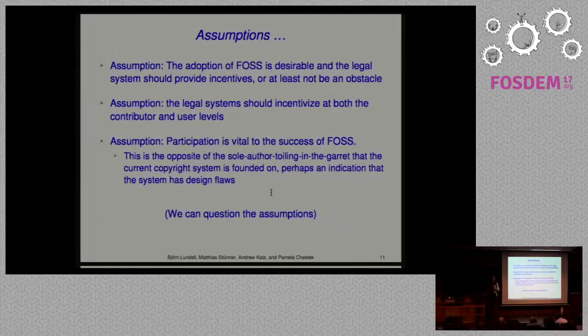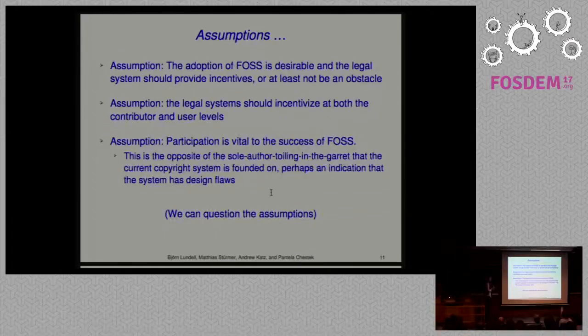So I'm going to start with some assumptions, and you can disagree with these assumptions if you choose to, and I'd be happy to have people disagree with them, but these are assumptions that I started with in order to make a second slide. So the first slide was: assumption, the adoption of free software is desirable, and the legal system should provide incentives, or at least not be an obstacle to it.